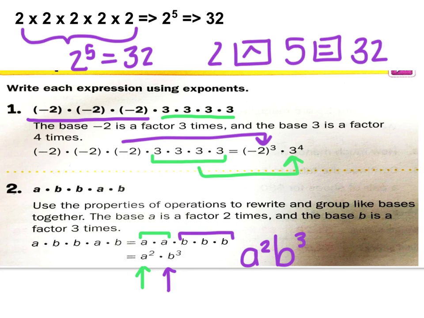I could also rewrite this as a squared times b to the 3rd. All 3 of these, this expression and the one directly below it, all mean the same thing. It's all telling you that you're multiplying a squared times b to the 3rd.